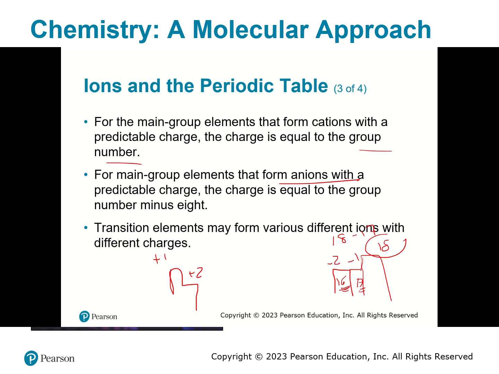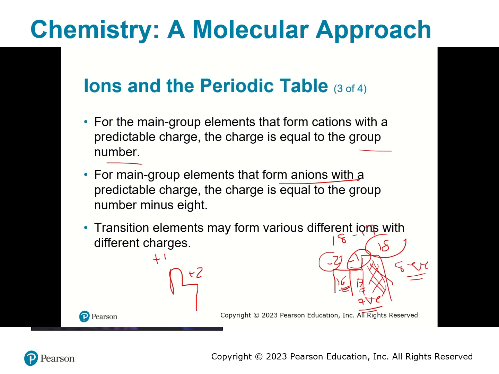Why? Because they have 7 valence electrons here, and they only need 1 to behave exactly like a noble gas, which has 8 valence electrons. So 17 minus 18 is negative 1, 16 minus 18 will be negative 2, and so on.